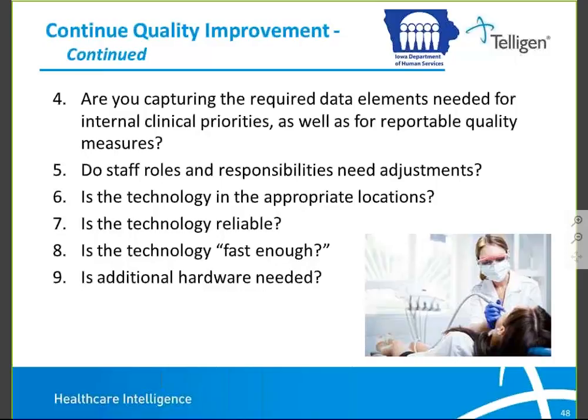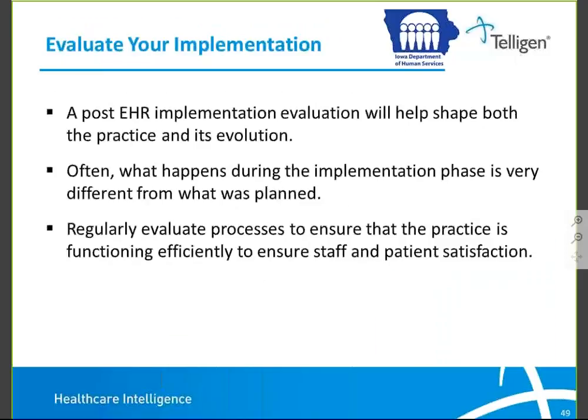These are all things that you sometimes can't get a really good sense of until it's installed in your practice and everyone's using it. Again, the fine-tuning. So evaluate your implementation. A post-EHR implementation evaluation will help shape both the practice and its evolution. So have a chance for your staff to give feedback. Often what happens during the implementation phase is very different from what was planned.